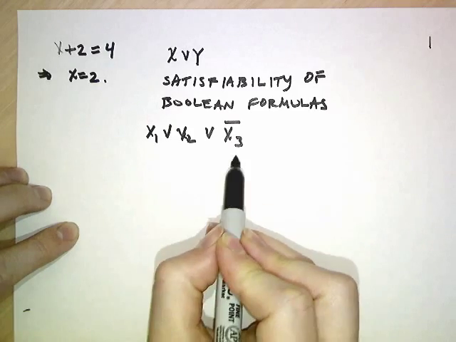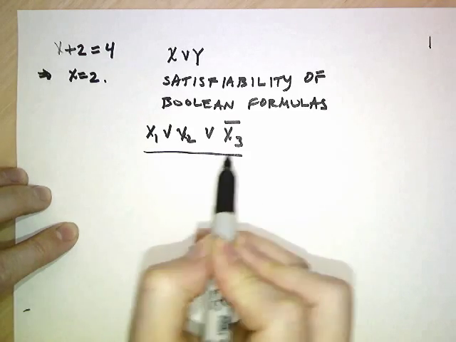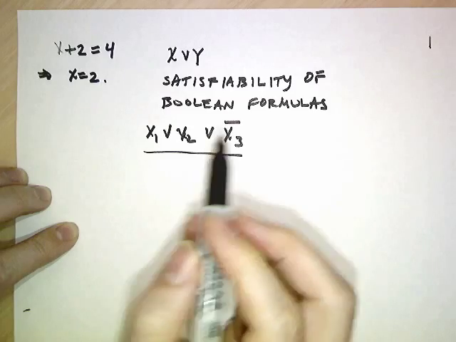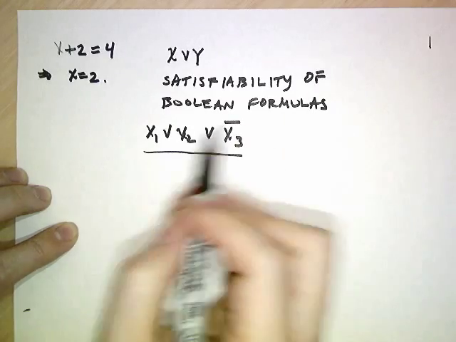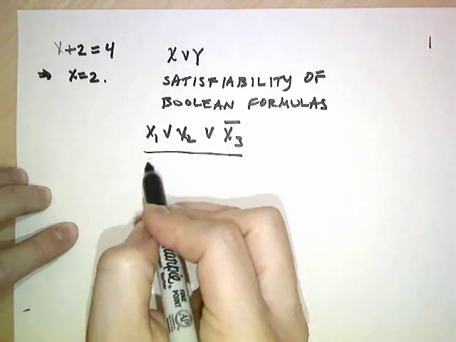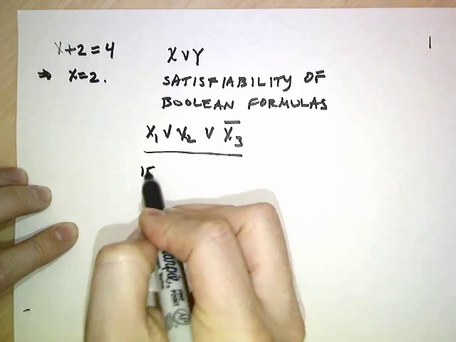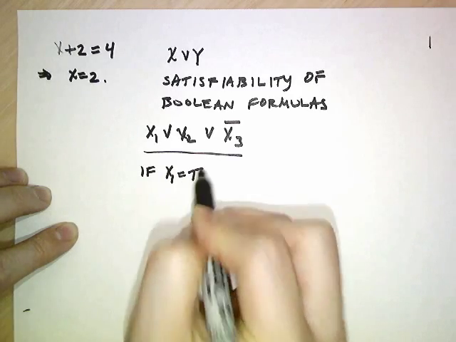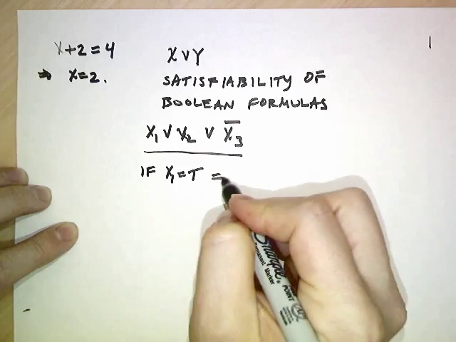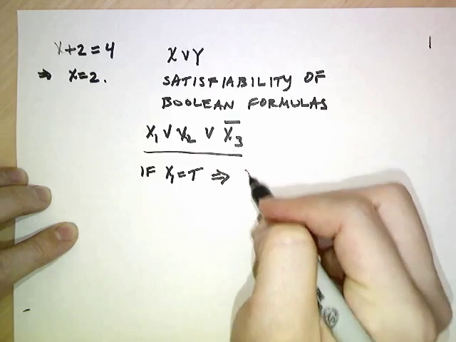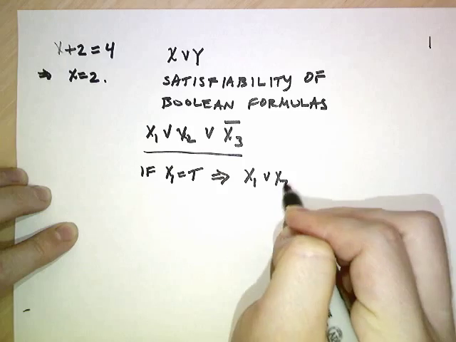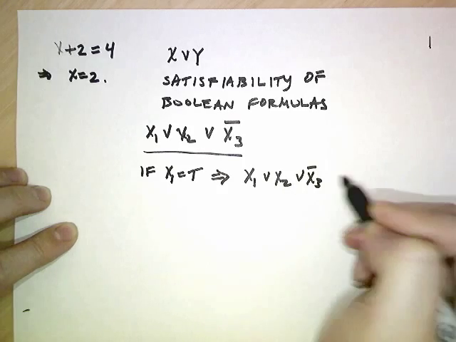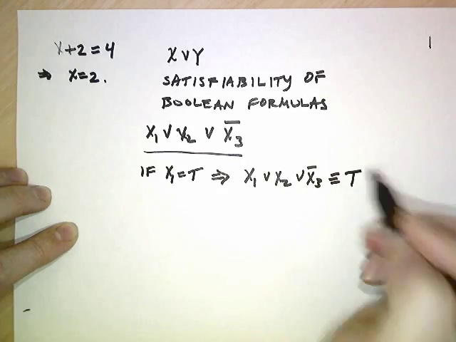So for example, this Boolean formula that we have here, x1 or x2 or x3 bar, it is satisfiable because I can just set x1 equals true. Then it follows that x1 or x2 or x3 bar is equivalent to true.